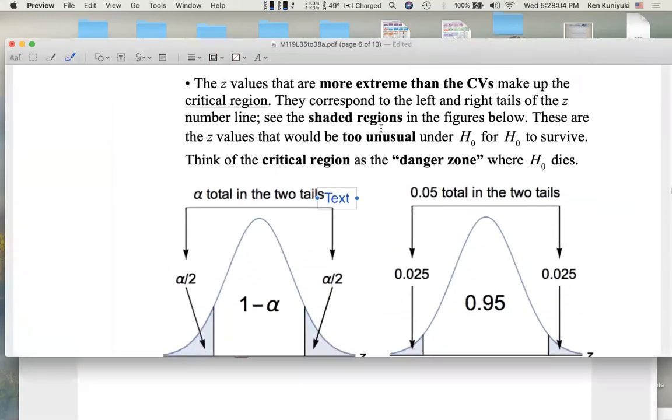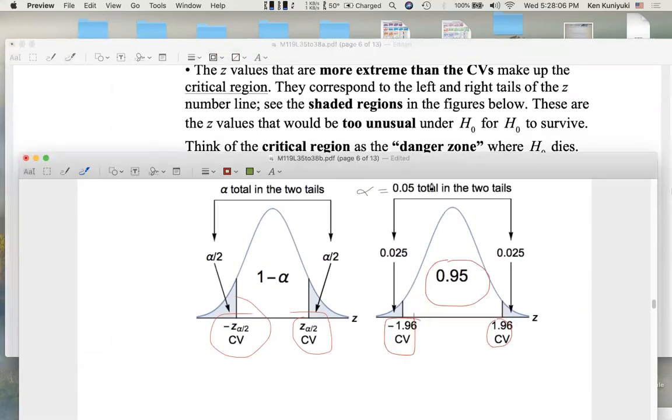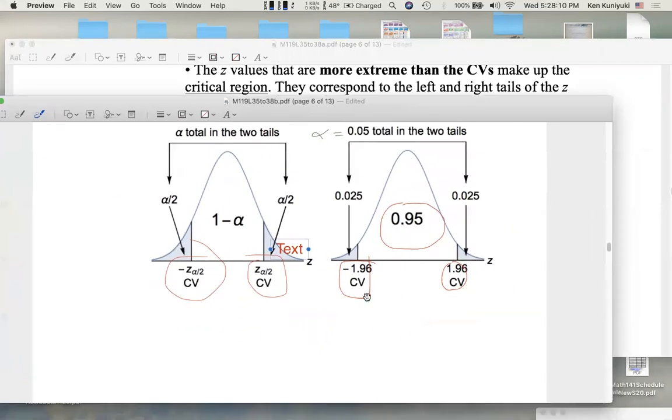The critical region would correspond to both this left tail over here and this right tail over here.